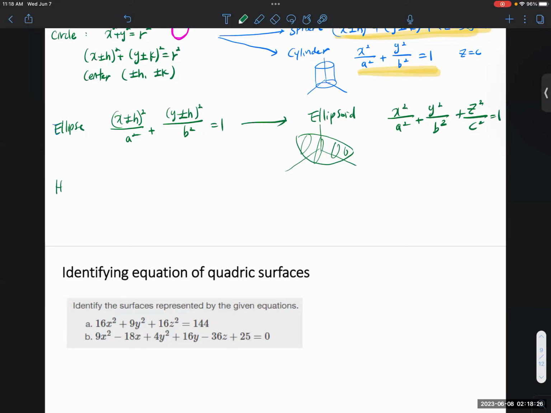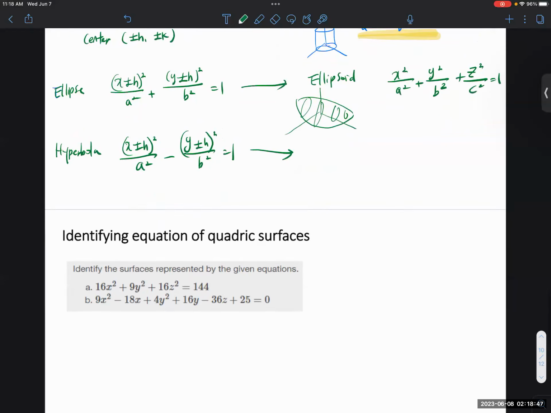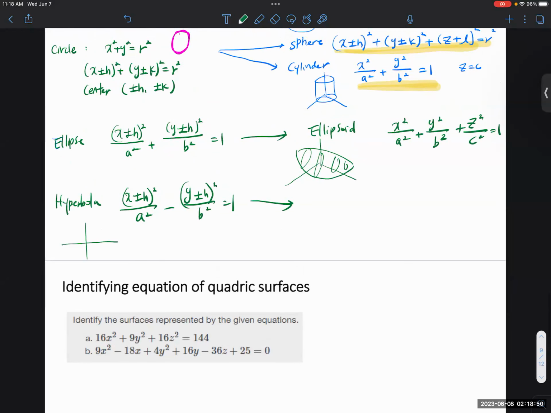Another one, the hyperbola equation. The hyperbola equation looks like x plus or minus h squared over a squared, everything in 2 dimensions here, minus y plus or minus h squared over b squared equal to 1. In 3-dimensional space, what happened? If you look at the hyperbola in 2-dimensional space, it's going to be something like that, or something like this. The ellipsoid was a little bit long in shape, and that's 3 dimensions. So in 3-dimensional space, the hyperbola has 2 possible forms.